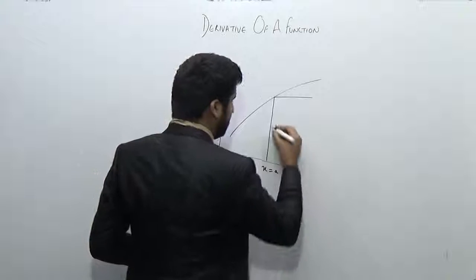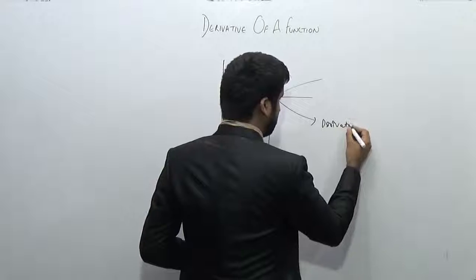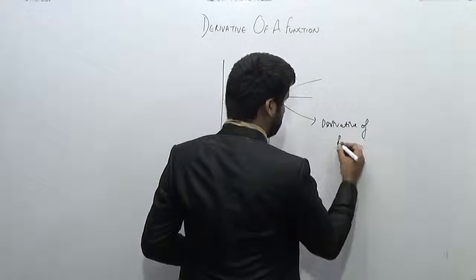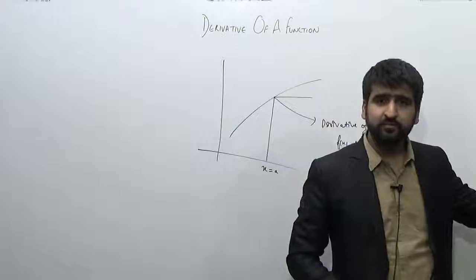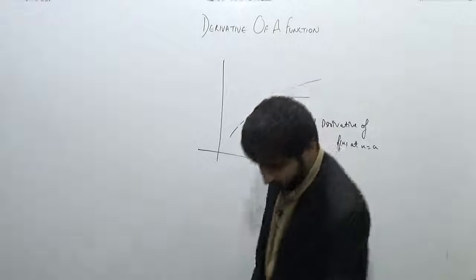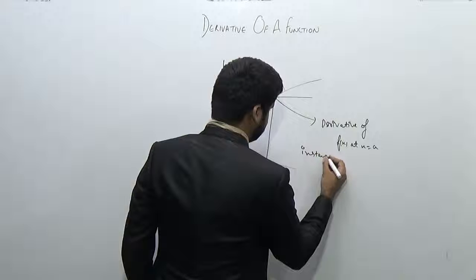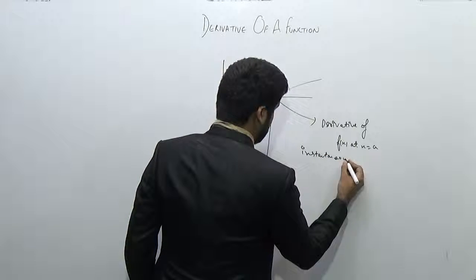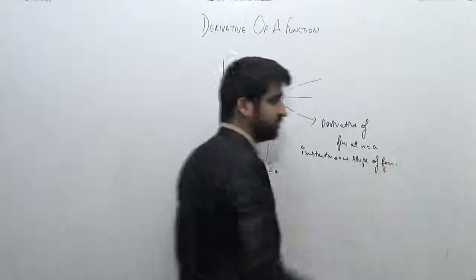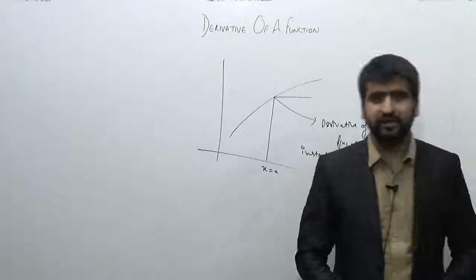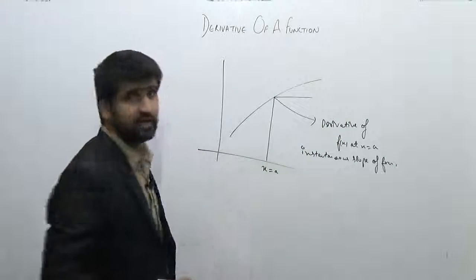So if I'm saying that I have to see the derivative of f(x) at x is equal to a, what I'm trying to say is that I'm seeing the instantaneous slope of the function at x is equal to a. And that's how we discuss the left hand derivative and the right hand derivative. So that's the geometrical significance of the derivative of a function.